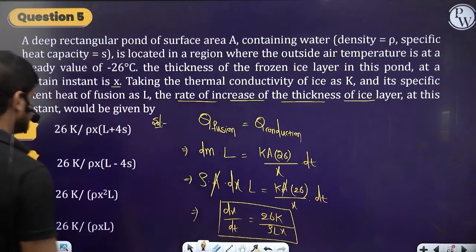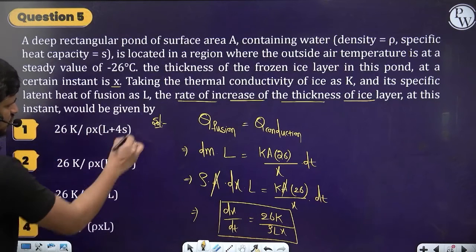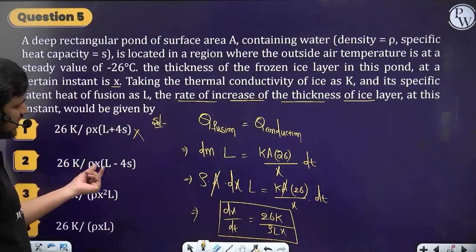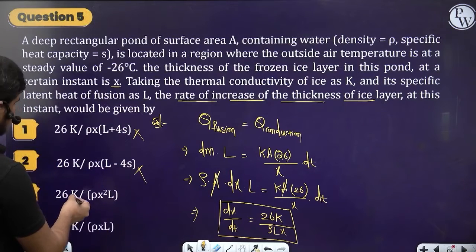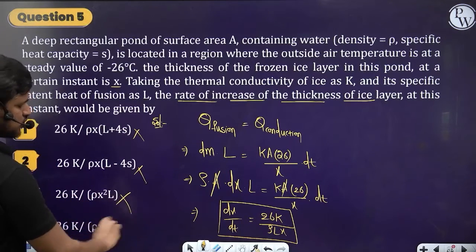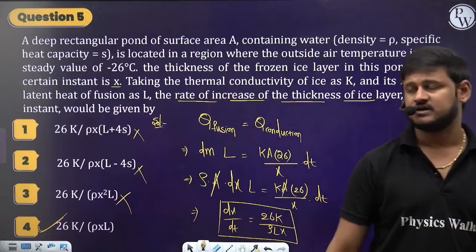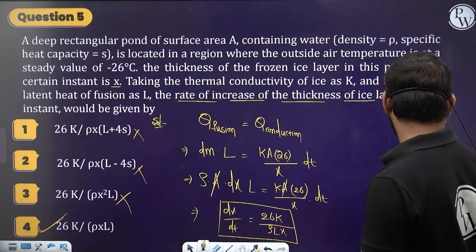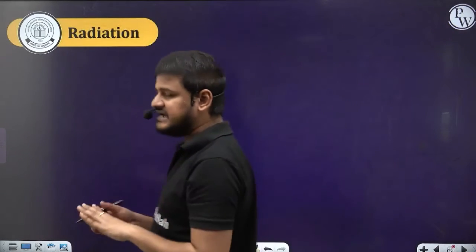Check the options. 26K by rho x, L plus 4s, no. 26K by rho x into L minus 4s, no. 26K by rho L x, option 4 is the correct one. Done? Clear? Then the next concept, radiation.